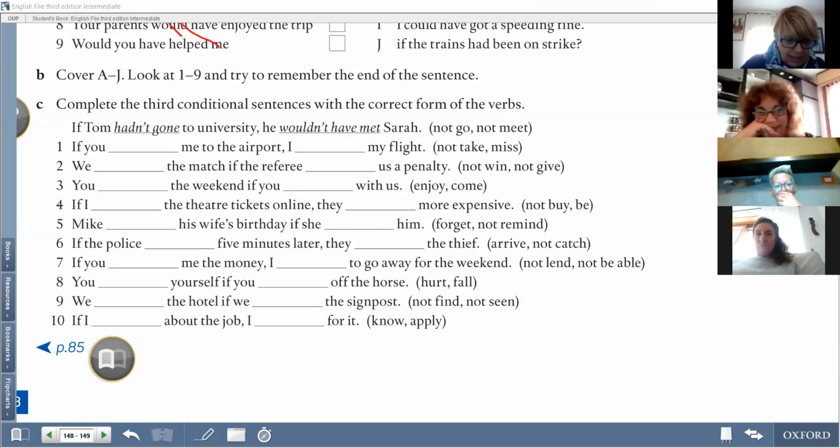Okay. So it's the snipping tool. I got my snipping tool. So I'm going to do this. Okay. And this one I'm going to save as third conditional exercise.